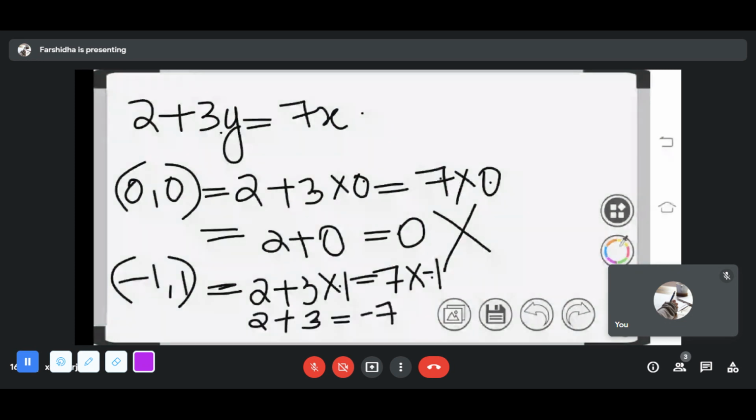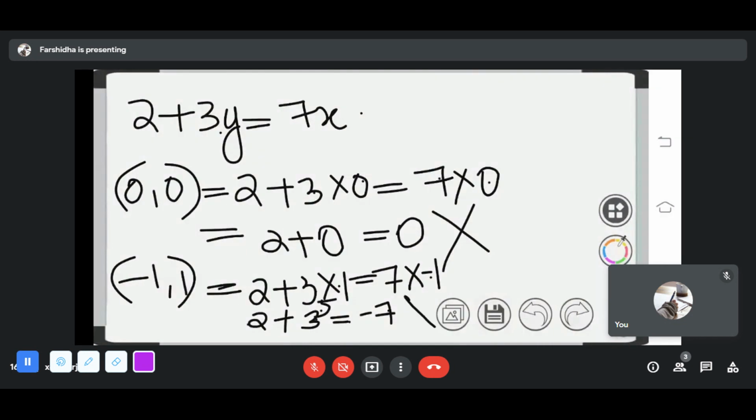So 2 plus 3 into 1, 5, equal to 7 into minus 1, minus 7. Is that equal? Both sides are different values. 5 is not equal to minus 7. So it does not satisfy the condition.